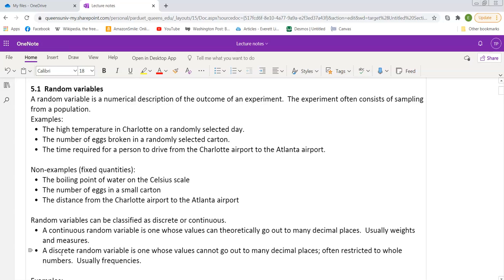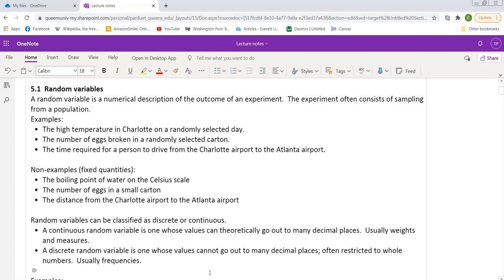The only exception might be if you're looking at shoe sizes, where those can be halves. But other than that, these are almost always whole numbers. And these are usually frequencies, like counts. So you're counting the number of traffic accidents in North Carolina in a day.